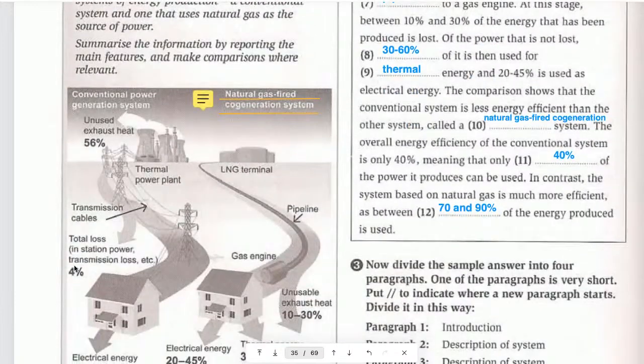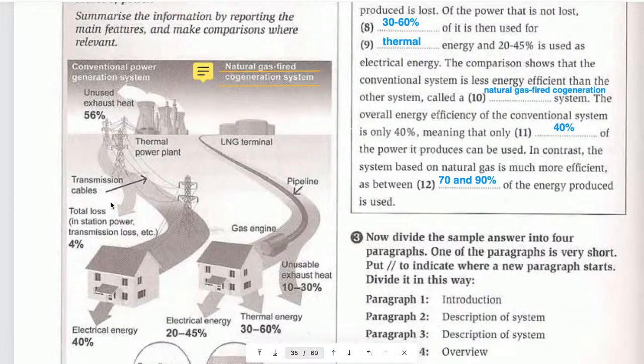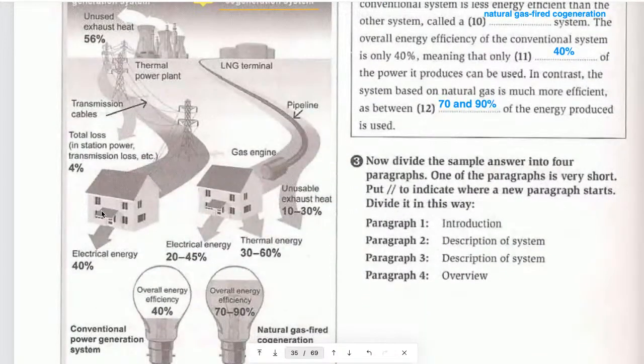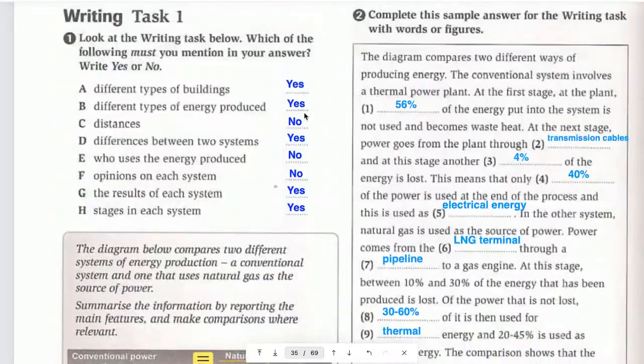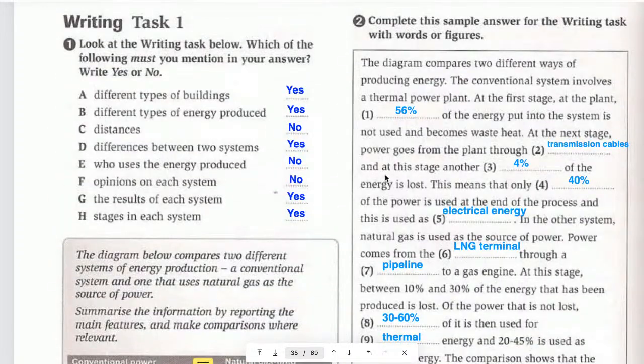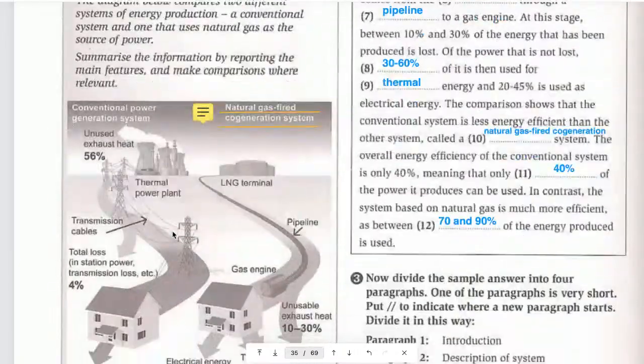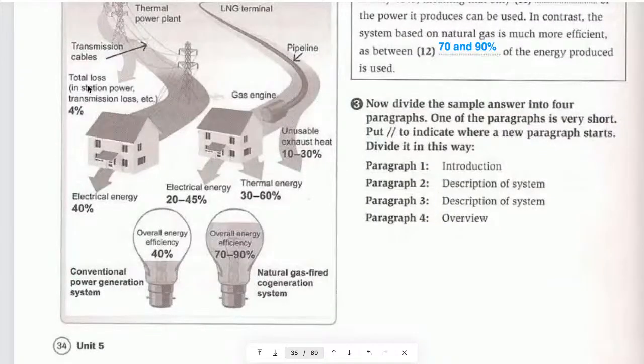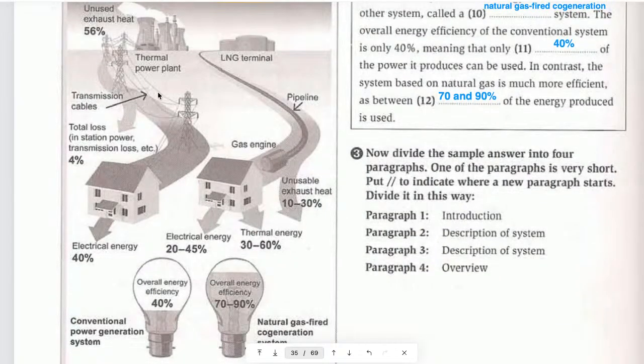Where is that 4%? Where can you find information for that one? Why do you know that at that stage, another 4% of energy is lost? Where is that? Yes. Here you see they mention transmission cables, right?